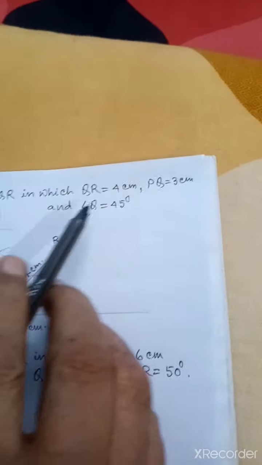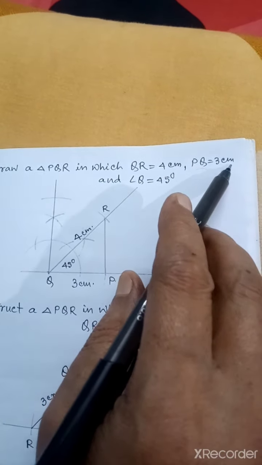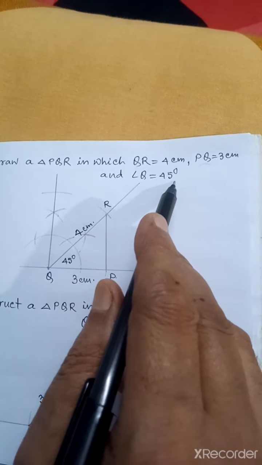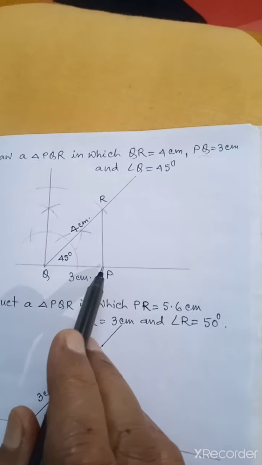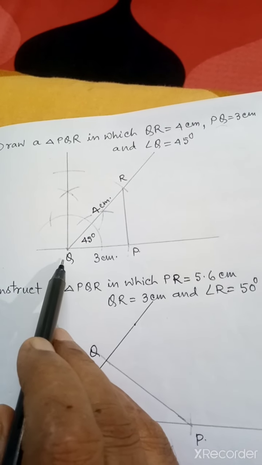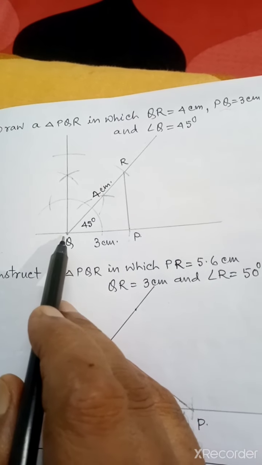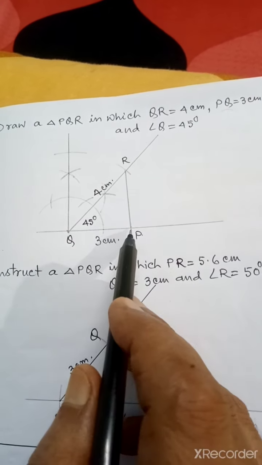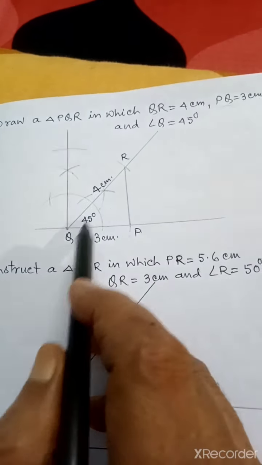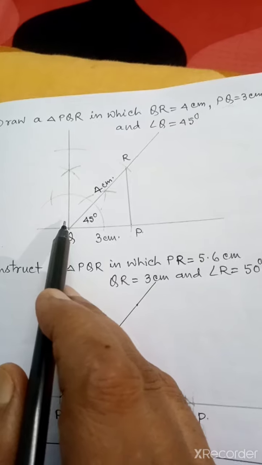Now draw a triangle PQR in which QR equal to 4 centimeter and PQ equal to 3 centimeter and angle Q equal to 45 degree. Draw a line, then draw a line segment QP equal to 3 centimeter. With Q as a center, draw angle PQR equal to 45 degree with the help of compass.